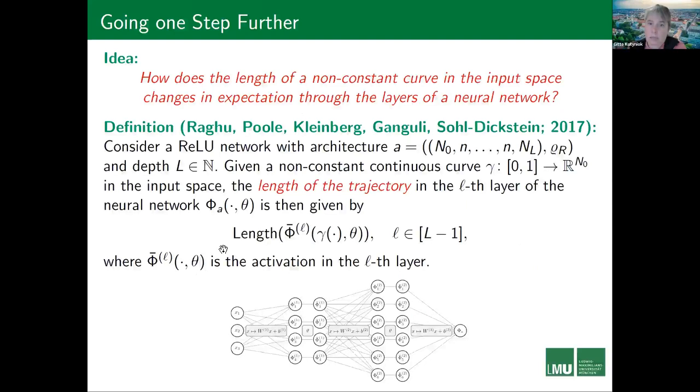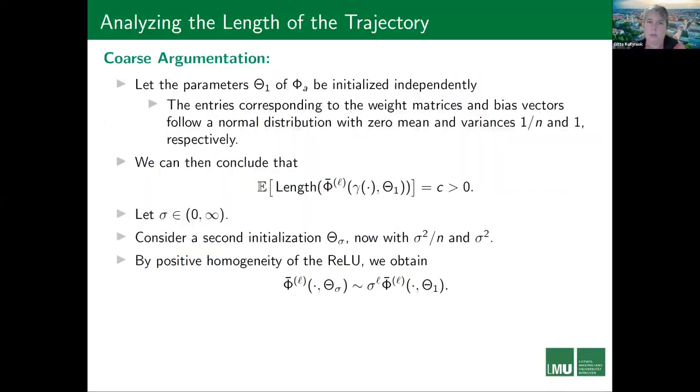And so the length of the trajectory is then a measure for the expressivity of the neural network at that point, at that layer.